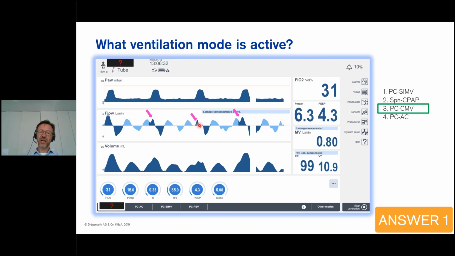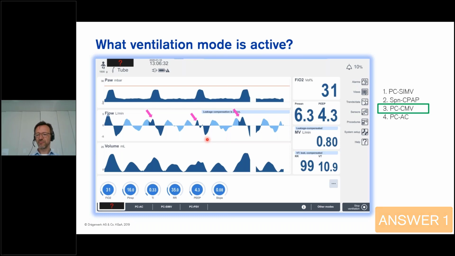The result is only a very short and small inspiratory flow, followed by a big expiration flow here, until the next pure spontaneous inspiration follows. So as well here we see it's not well synchronized. Therefore it's clear it can't be SIMV.